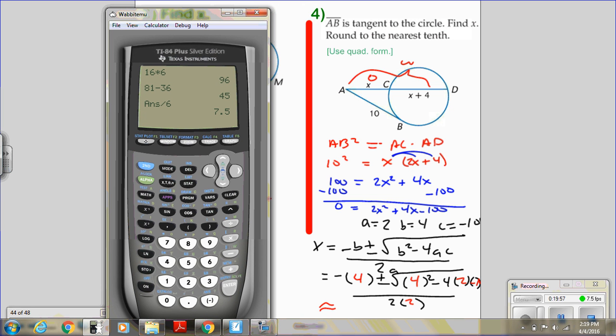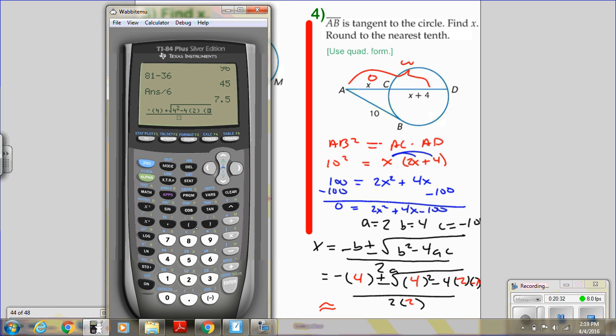Alpha, y equals. So I would have negative, open parentheses, 4, close parentheses, and I would do plus first. You can't do the minus and the plus at the same time. And then the square root of 4 squared minus 4 times 2 times negative 100, close parentheses.